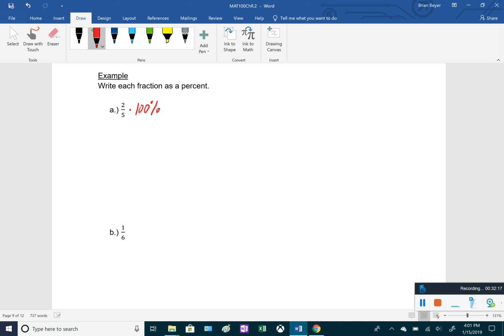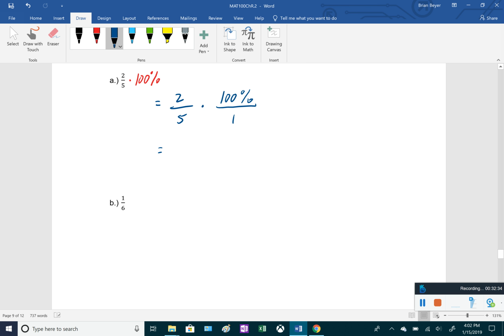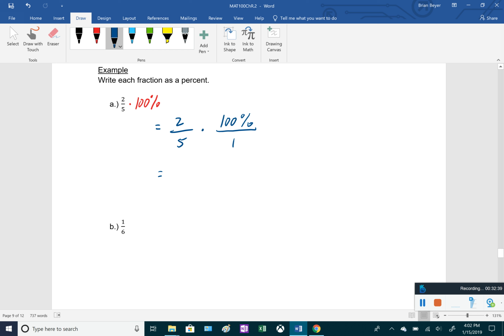Okay, so we're just multiplying fractions now. This is going to be 2/5 times 100 over 1. So 100% over 1. The percent's kind of like units. It's coming along for the ride. So when we multiply these, I am going to simplify a little bit first. 100 can be rewritten as 5 times 20.